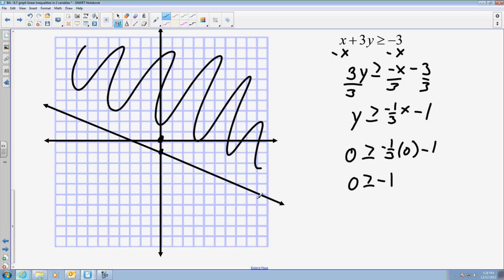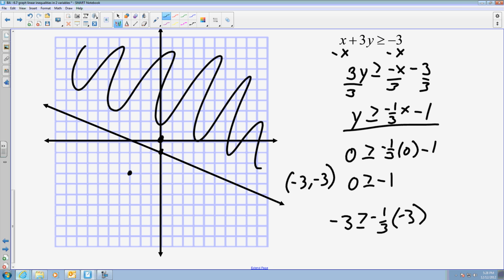To give you an idea, let's say we used (-3, -3) as a test point. I plug that into this equation. So I have -3 is greater than or equal to -1/3 times -3 minus 1.